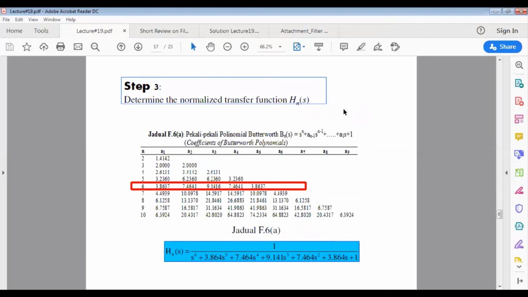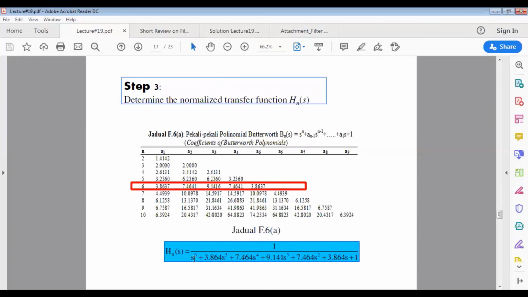Right. So now we're going to proceed with step number 3, in which we determine the normalized transfer function H(s). Knowing that the n order equals 6, the Butterworth polynomial B(s) shall be based on this equation, so you're going to have a5, a4, a3, a2, and a1 here, and the normalized transfer function H(s) shall equal 1 over B(s).